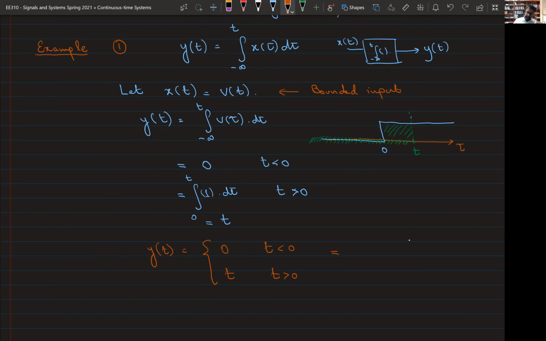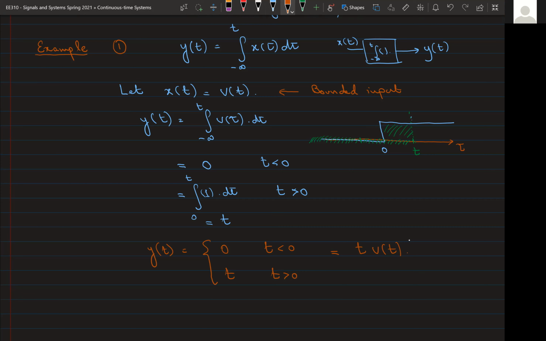I can put this very nicely and say this is simply t times u of t, using the unit step definition that we have already. Now, is this a bounded output or an unbounded output? Does this always stay within a certain bound?